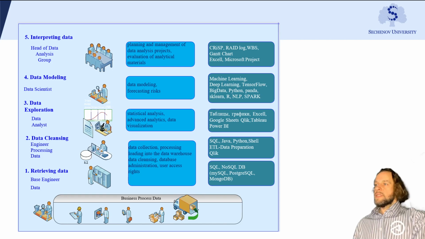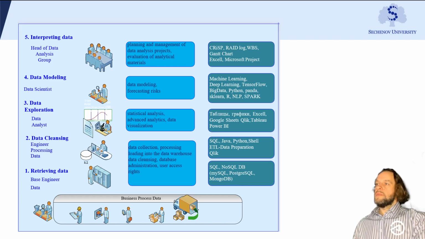On this scheme, we can see that our process consists of several stages, and different types of people are involved in this process. So we need to start with retrieving data, and data engineers could be involved in this process. After that, we'll need to clear data that we received, process it, and in many cases, the data processing involves unqualified manpower.